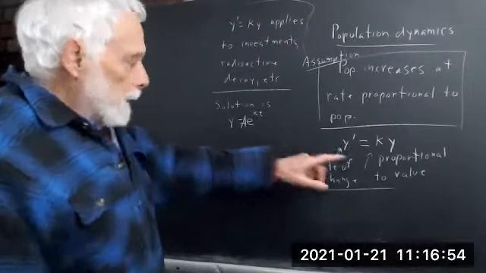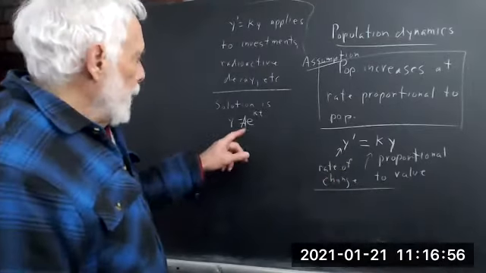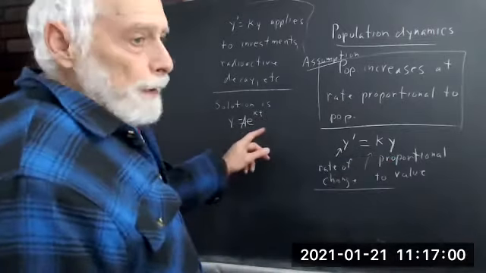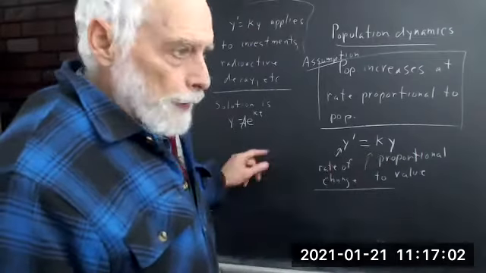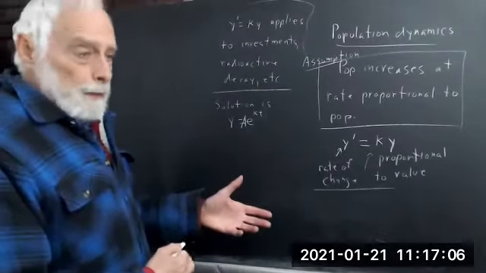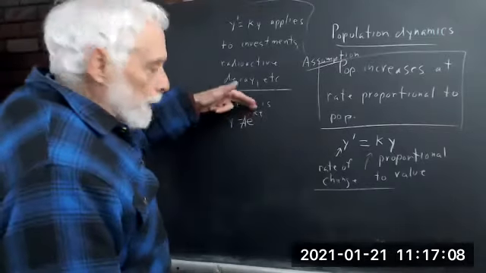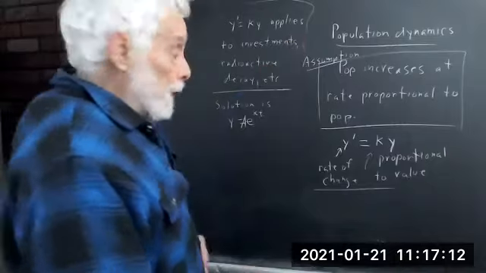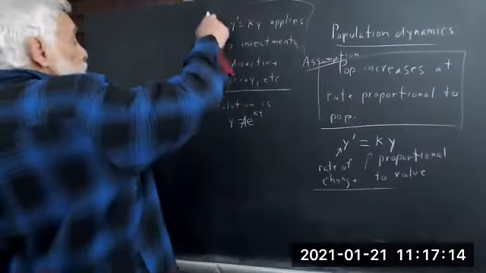And you can plug that in here. y prime would then be k a e to the kt, and ky would be k a e to the kt. It's very easy to verify. And it doesn't matter whether k is positive or negative. If k is negative, e to the kt is going to be a decreasing exponential. If k is positive, it'll be an increasing exponential.